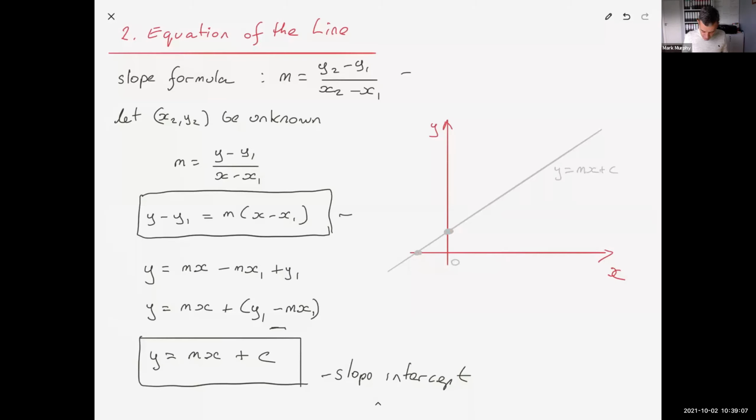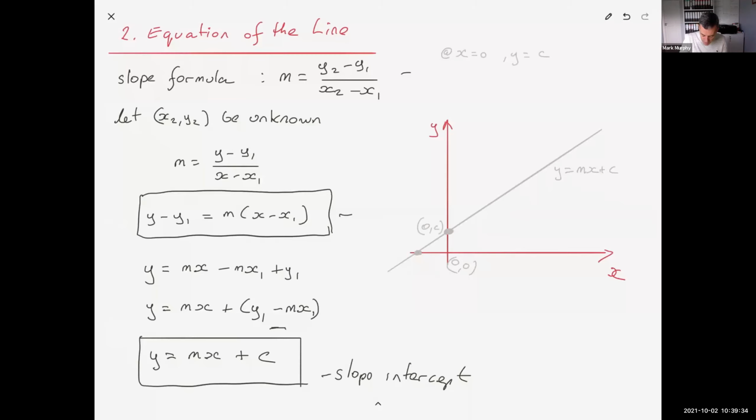Because that's the point 0, 0 there. So at x equals 0, what's y equal to? y is equal to c. So we know the coordinates of this point here are 0, c.